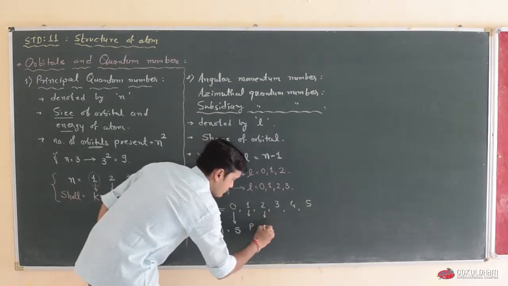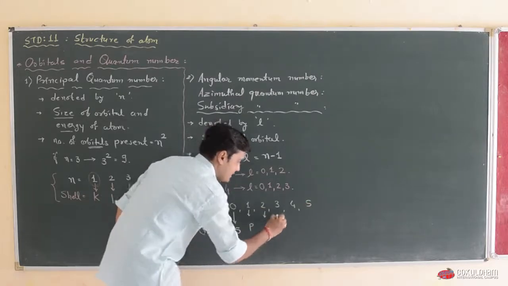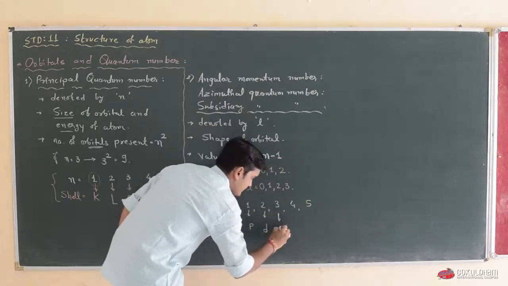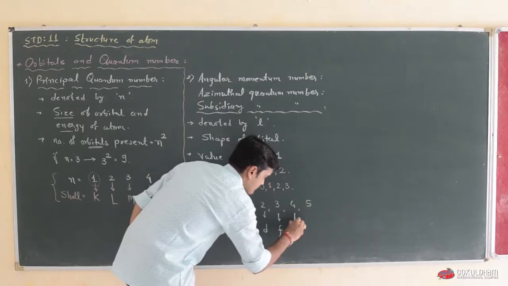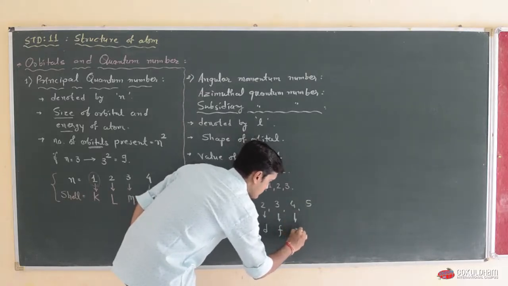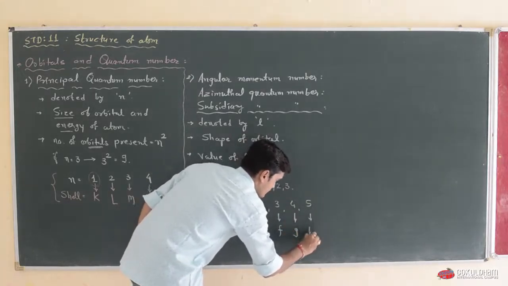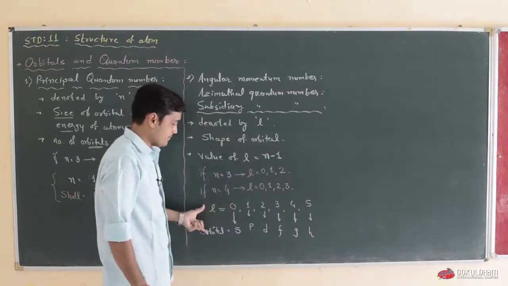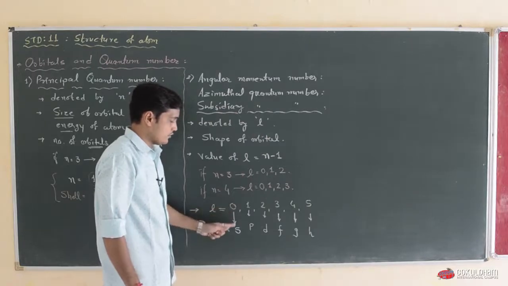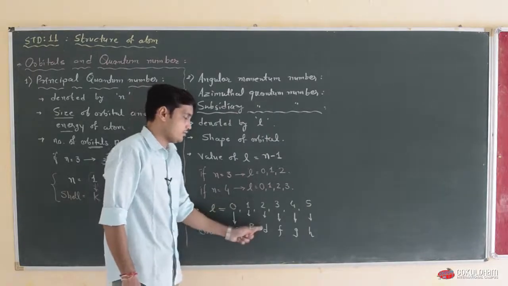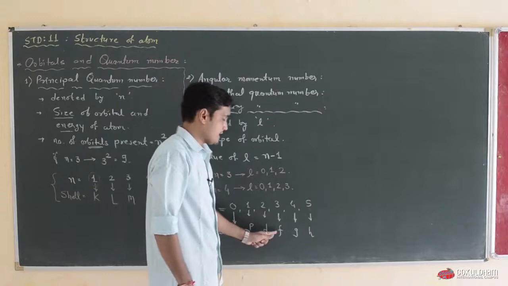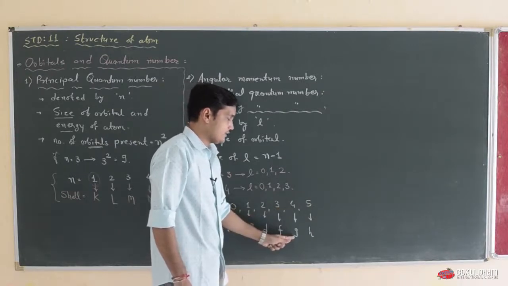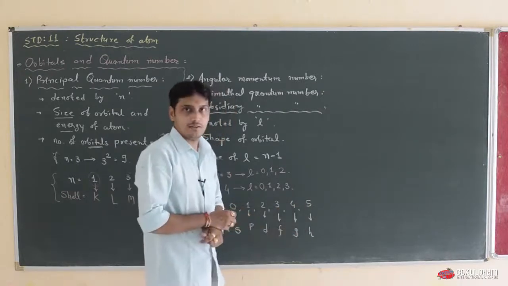When the value is 2, the orbital is d. When 3, f, 4, g, 5, h. So you have to remember this: 0 is s orbital, 1 is p orbital, 2 is d orbital, 3 is f orbital, 4 is g and 5 is h orbital.